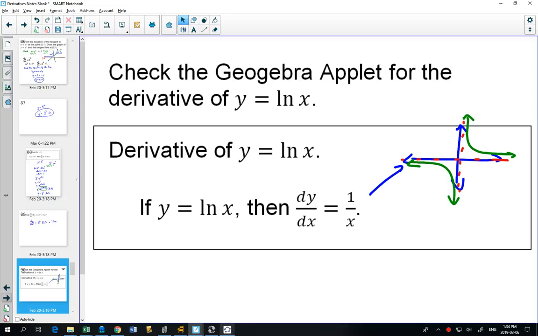In this function, though, it just has the part on the right because the domain of natural log of x is only when x is bigger than 0. That's why on our graph we only got part of the 1 over x graph. You can't take the derivative of any x values less.